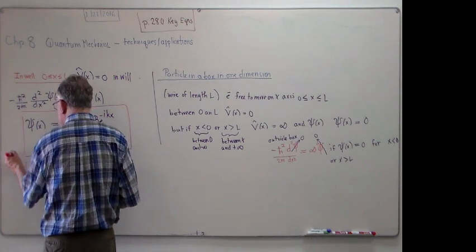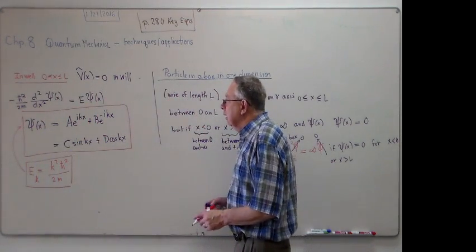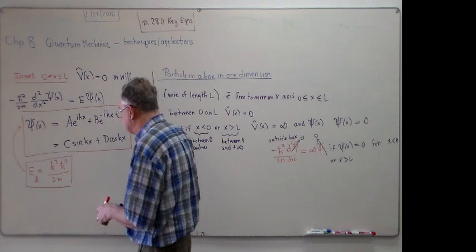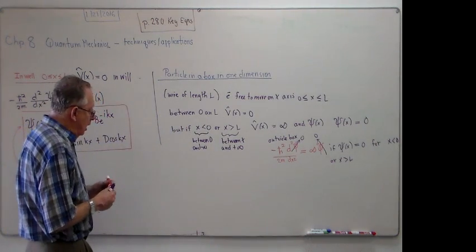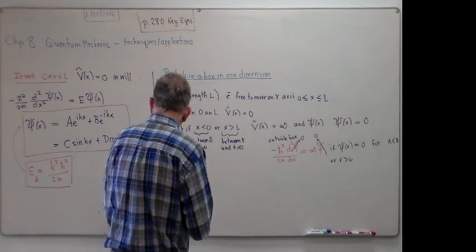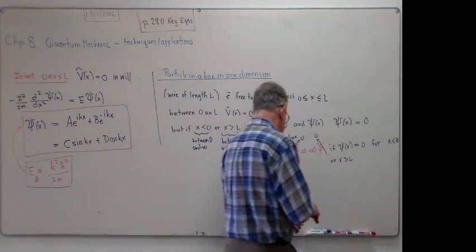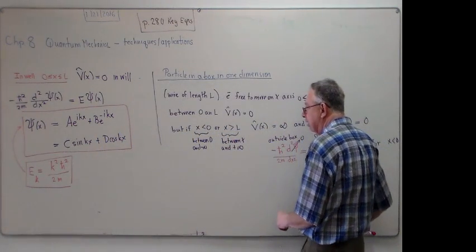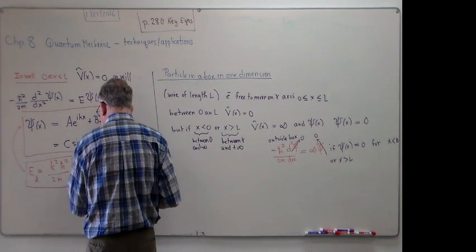The wave functions have these properties. Now, in the free particle, we had no restrictions. But now, pay close attention to what we are about to do. We're going to look at boundary conditions.